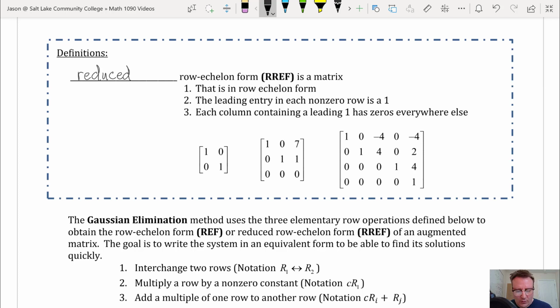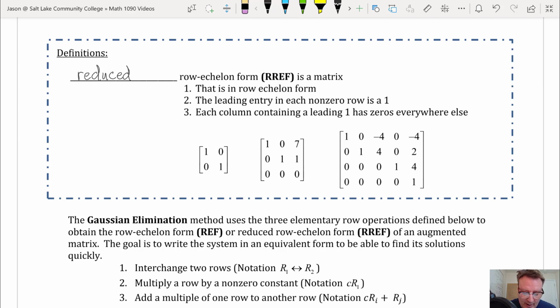And so when you're in reduced row echelon form, the leading 1 of that row is the only element in its column. So for example, here, this first 2x2 matrix, the leading 1 for the first row is this element right here, and notice that it is the only non-zero element in its column.